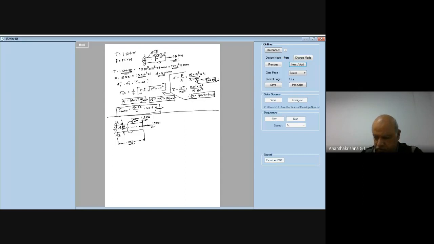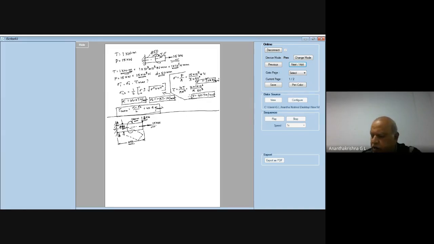The critical points are A and B. When the transverse load of 3 kilonewton acts, it will bend the member into something like this.